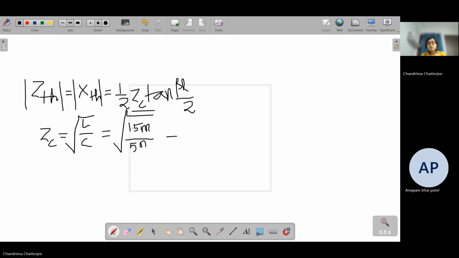If you calculate this, I got the ZC value 547.